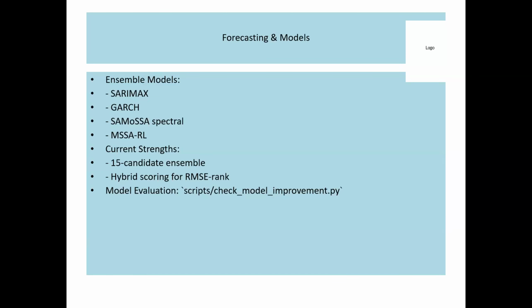This is also another type of time series model. Also using the multivariate singular spectrum analysis with reinforcement learning, MSSA-RL. This is a time series model as well as a self-learning model. It self-corrects itself.